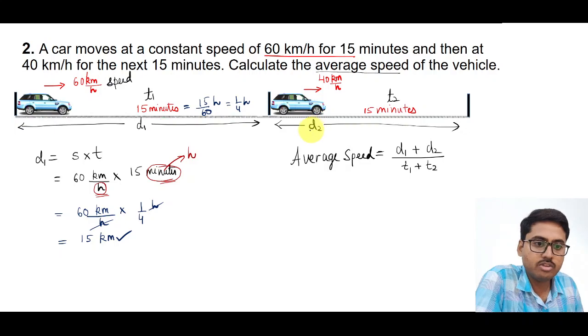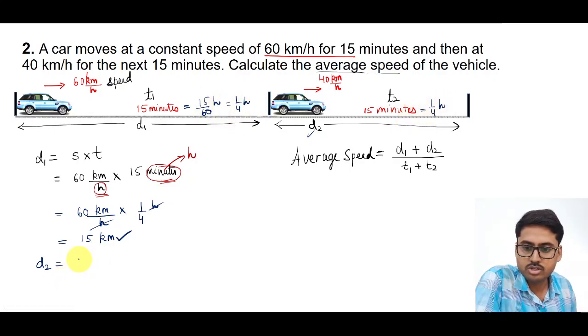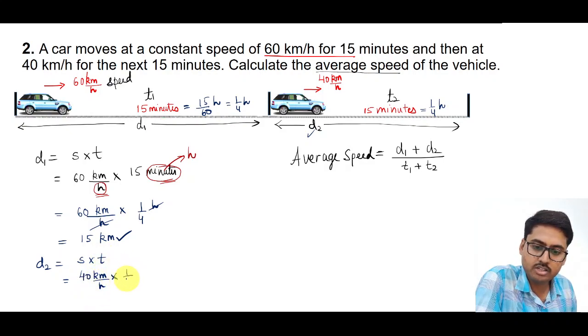Likewise you can calculate d2 also. d2 will be equal to, the speed is 40 km per hour and time is 15 minutes again, which is 15 by 60, and that is equal to 1 by 4 hour. So if I write s into t, the speed will be 40 km per hour multiplied by time, again to be considered only in hours.